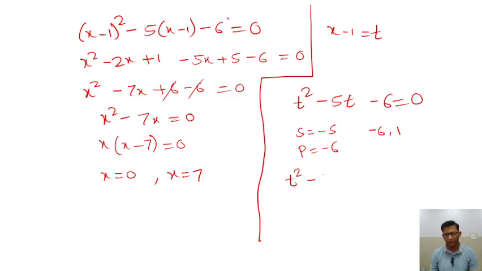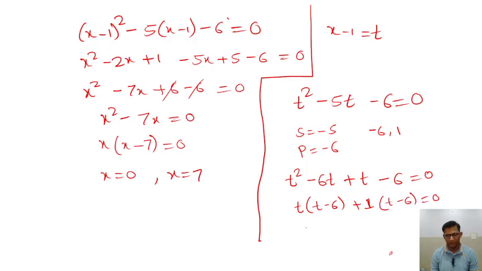Okay, so I can write t squared minus 5t as t squared minus 6t plus t minus 6 equal to 0, and I can factorize it as t, t minus 6, and one common from the second two terms, t minus 6. So t plus 1 and t minus 6 equal to 0. So I'll get t equal to minus 1 or t equal to 6.